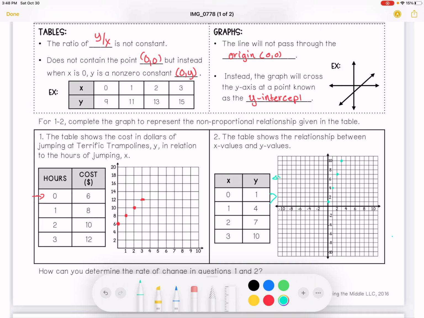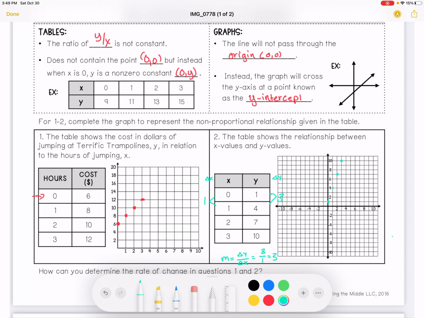We need to find the change in Y, and the change in X. And instead of doing K equals Y over X, we're going to say the rate of change, call it M, equals the change in Y divided by the change in X. So if our change in Y is 3 and our change in X is 1, the rate would equal 3 divided by 1, which equals 3, which means that every time X increases by 1, Y goes up 3. So when X increases from 1 to 2, Y goes up 3 from 4 to 7.